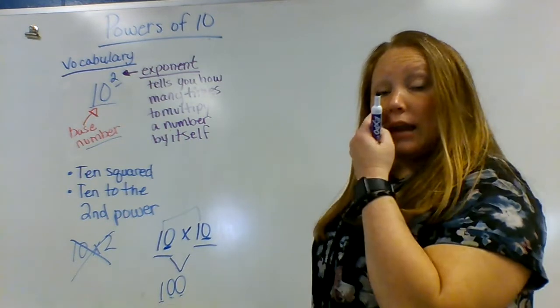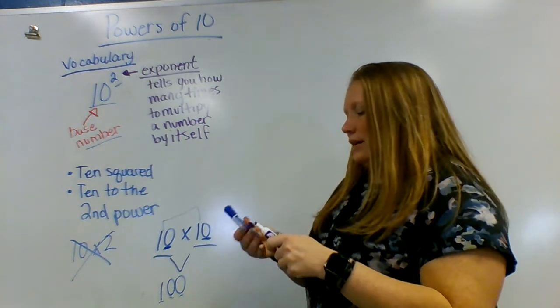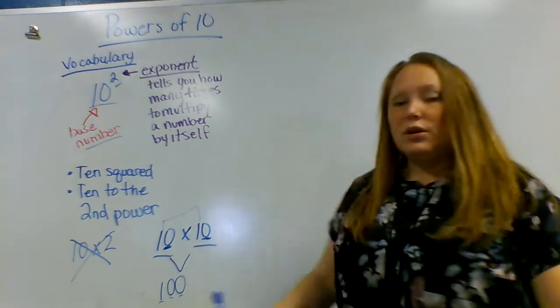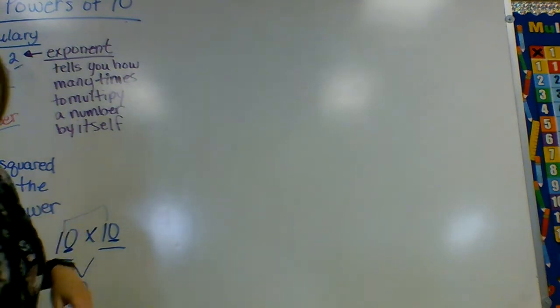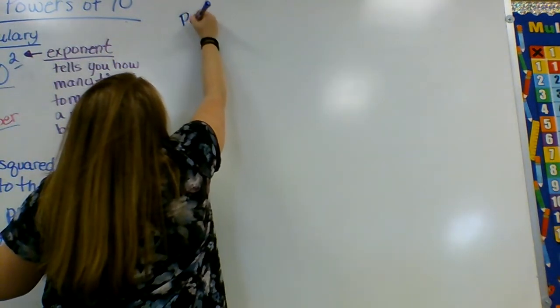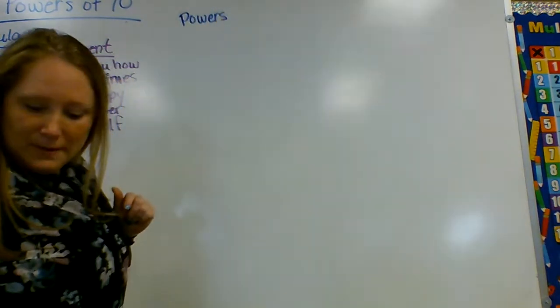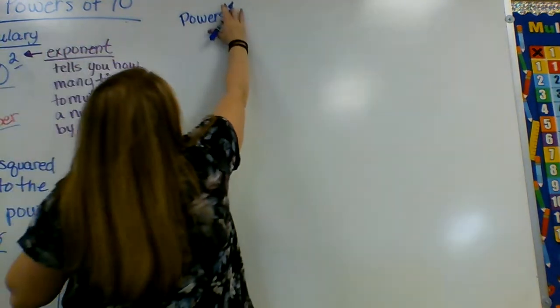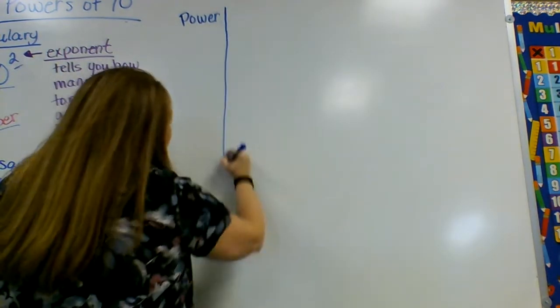Now, to get the whole big picture of this, we're going to make a chart. On this chart, in one of the columns, I need you to put the power. Draw a line going down.